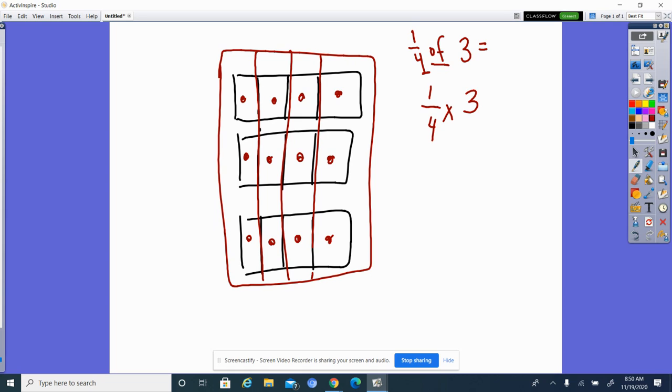It says, how many loaves of bread does Earl give to his neighbor? Well, he keeps how much? 1/4. So what am I going to color in? One of these 4s, right? So how many does he keep? 3. So how many slices does he give? 3.